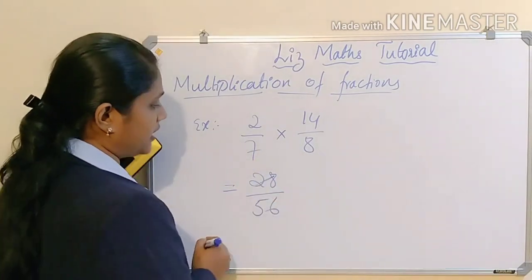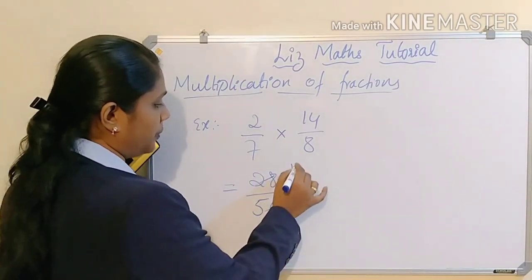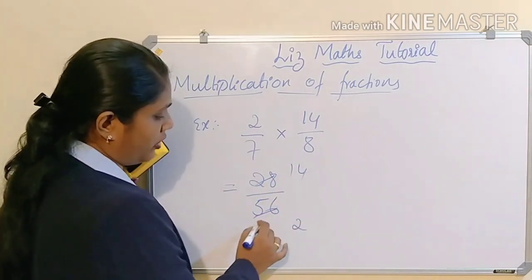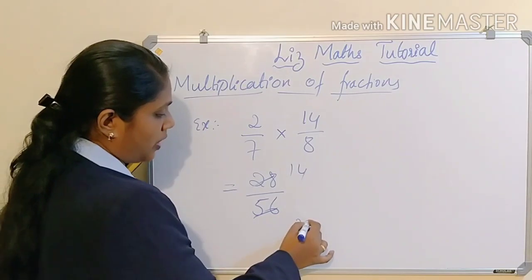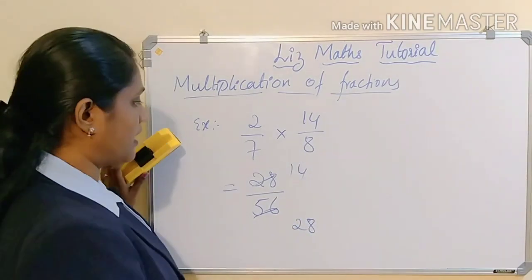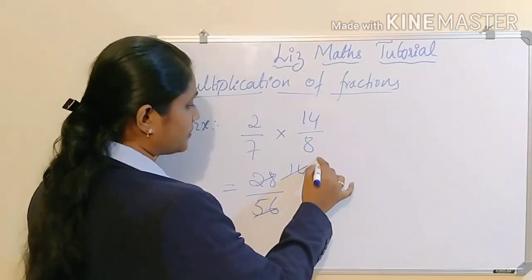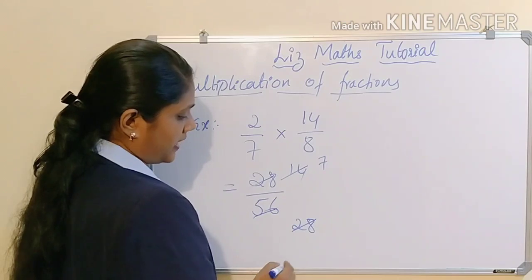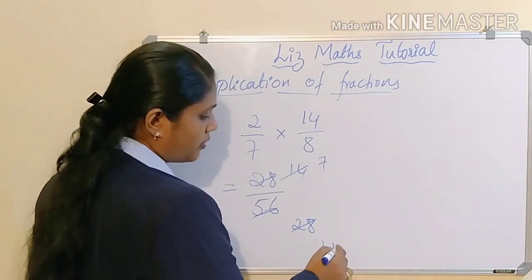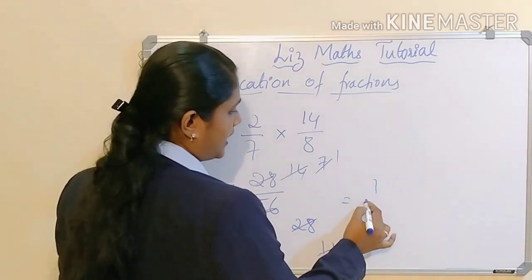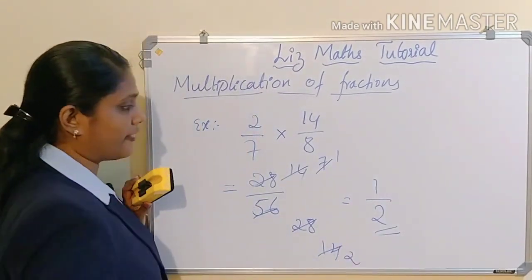Again you have to go with the table of 2: 2 ones are 2, 2 fours are 8. Then 2 twos are 4 and 1 is remaining, 2 eights are 16. Then again 2 sevens are 14 and 2 how much are? 2 ones are 2, 2 fours are 8. Then 7 ones are 7, 7 twos are 14. So what are you getting? 1 by 2, the same final answer.